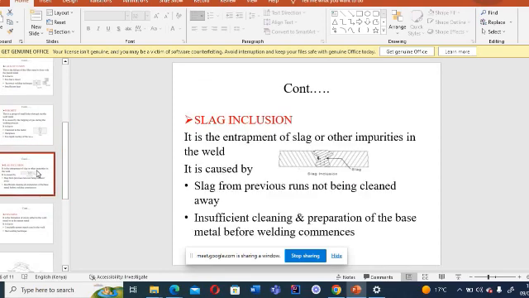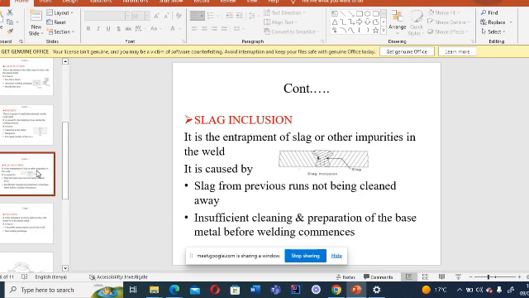Okay, we can see another defect, that is the slag inclusion. If I may ask one of you to just explain to us the slag inclusion briefly. Yes, Daniel?